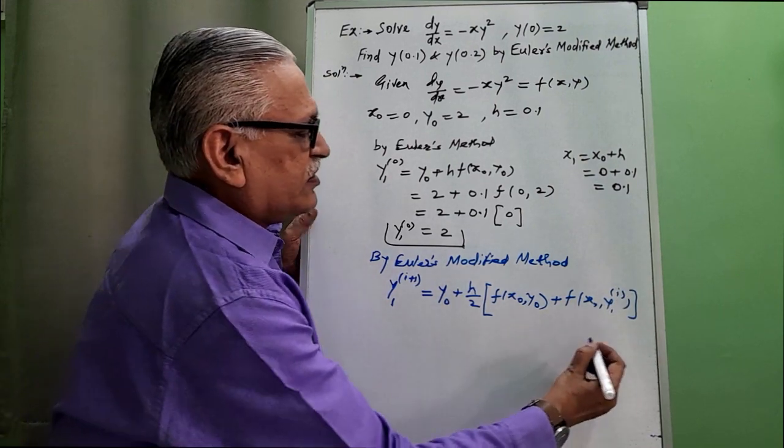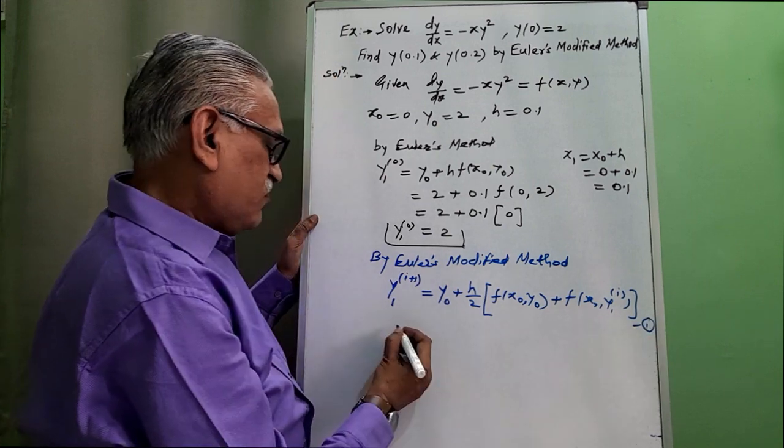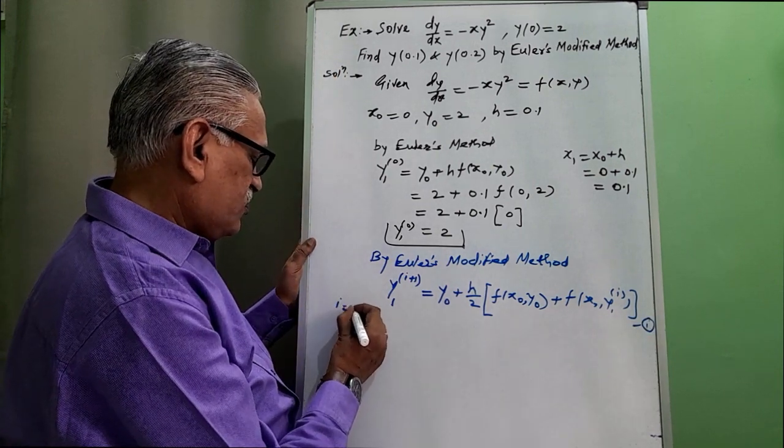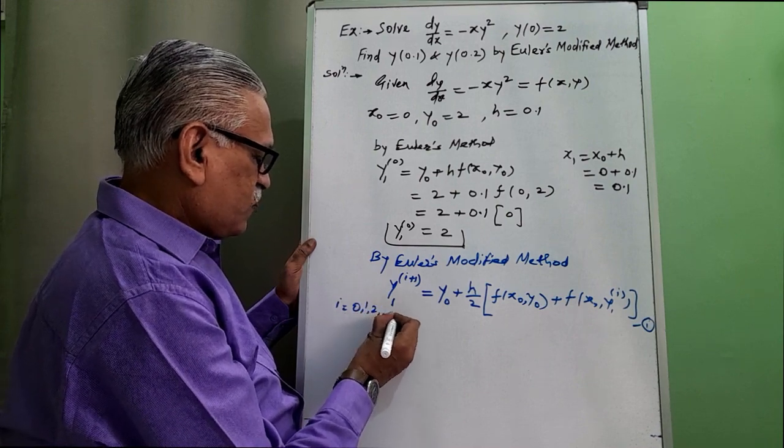We call this equation number 1, with i equal to 0, 1, 2 and so on.